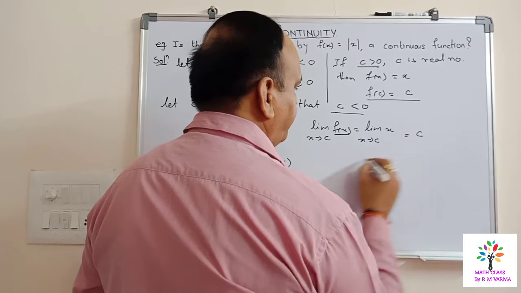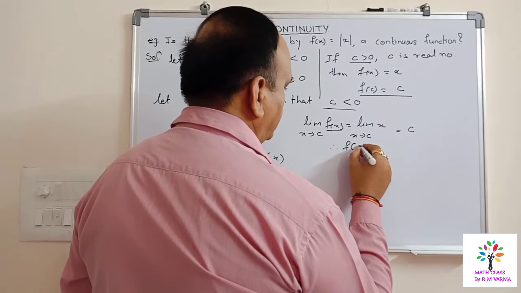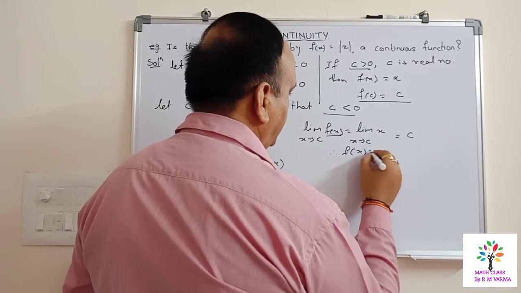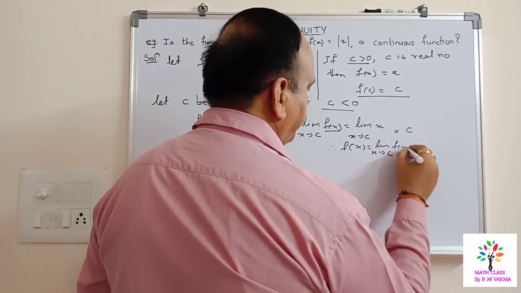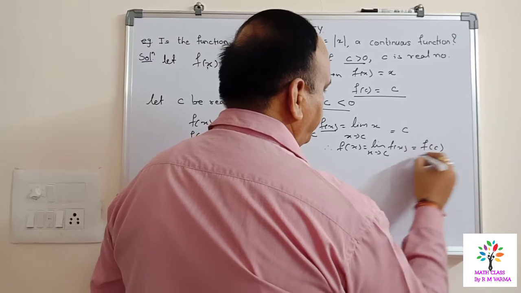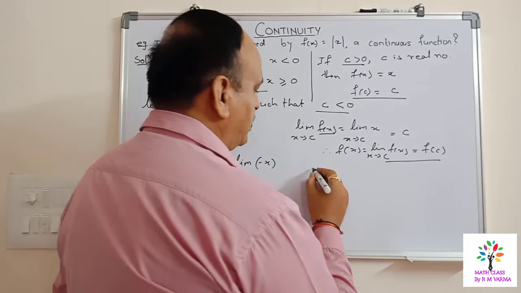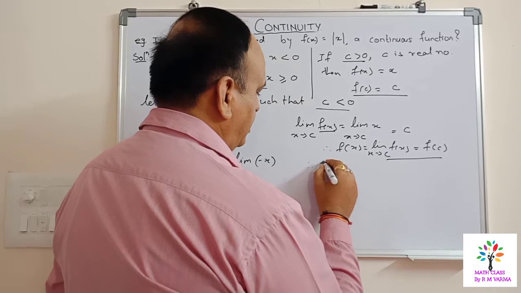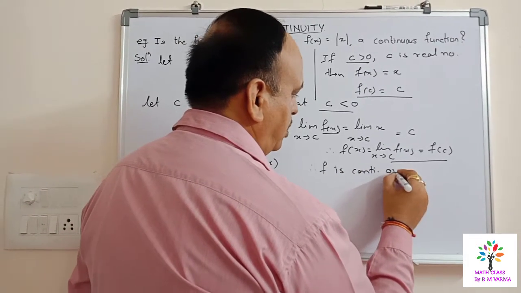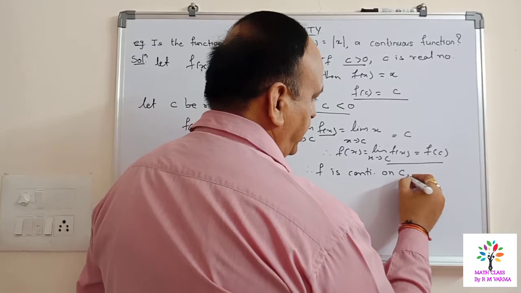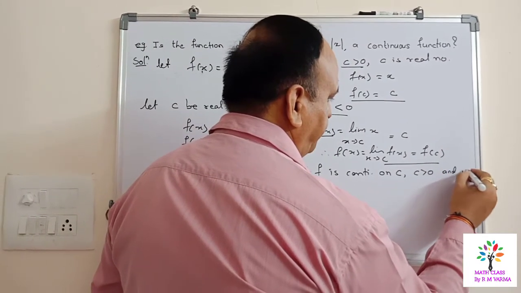So the answer is c. Therefore limit x tends to c of f(x) equals f(c). As the limit and the value of the function are the same, we can say f is continuous at c, where c is greater than 0 and is real.